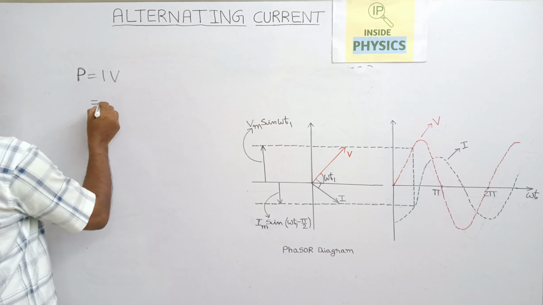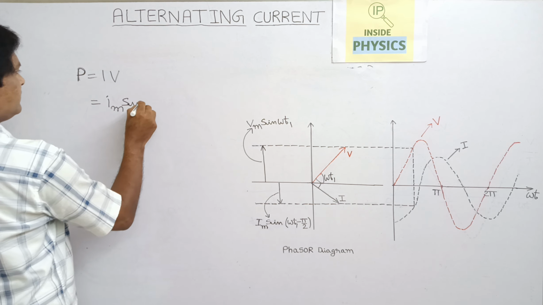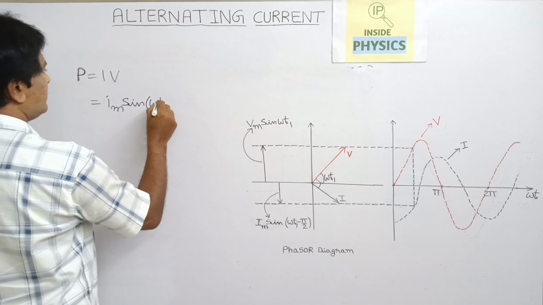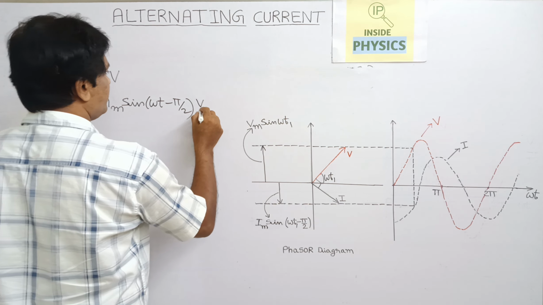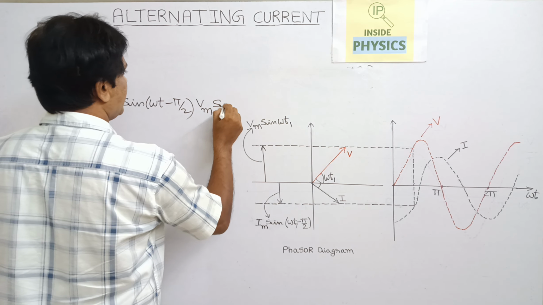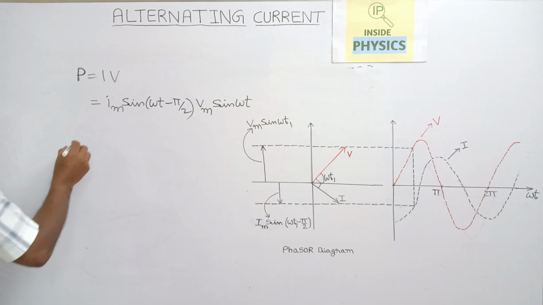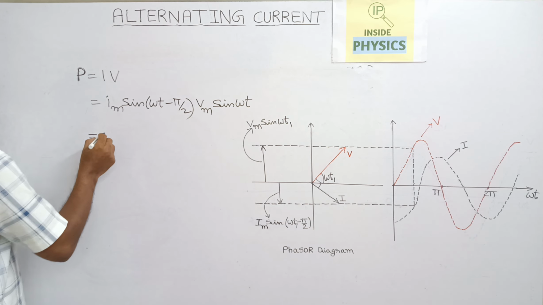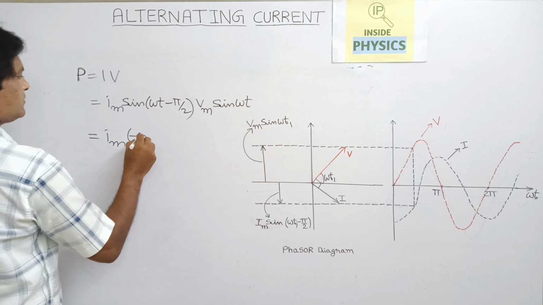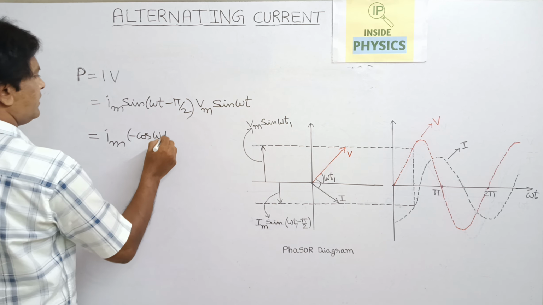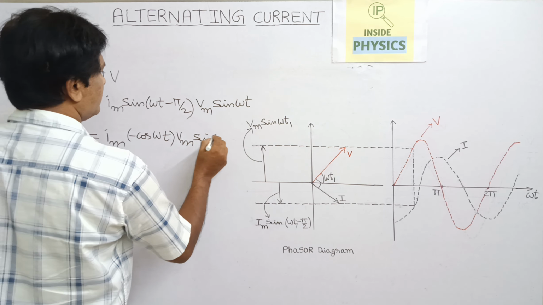So P = IV, where I = Im sin(omega t - pi/2) and V = Vm sin omega t. So Im, this is minus cos omega t, times Vm sin omega t.